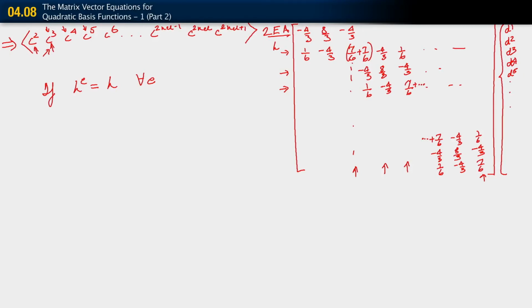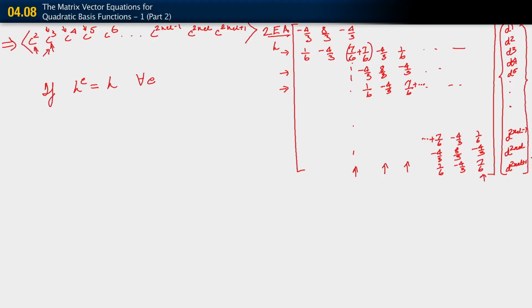We carry on until we come here to D2NEL minus 1, D2NEL, and D2NEL plus 1, and all of this then gets closed.